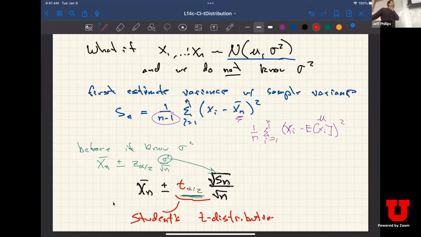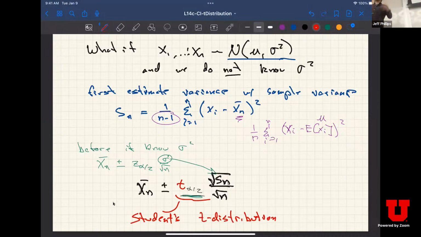This is the distribution where we evaluate the quantiles at alpha over 2. So it's what you use in place of the normal when you use the sample variance instead of the variance.